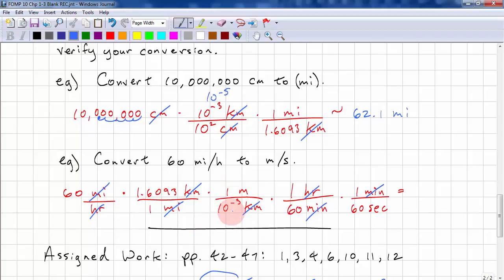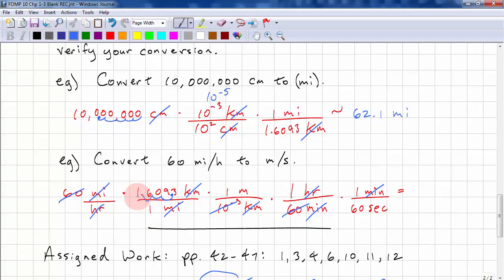Okay, 10 to the negative 3 means we're going to move the decimal place of some number 3 places. So 1, 2, 3. Now we have 1,609.3 times 60. I see a 60 and a 60, so those cancel out.